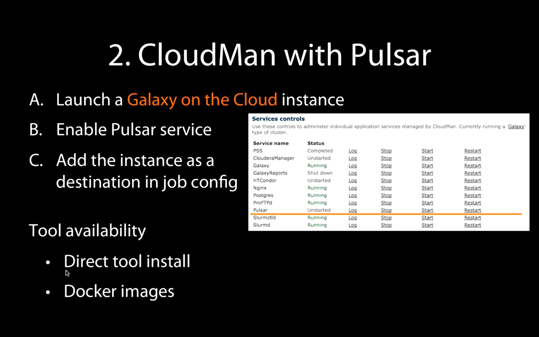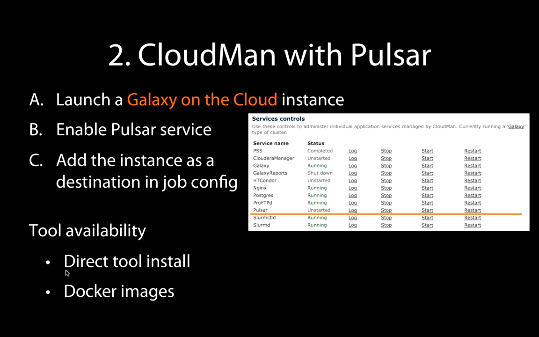The next step, as I said, is actually getting access to some compute capacity, and the easiest one by far is using Galaxy on the cloud. We launch an instance that gets us a fully configured Galaxy application with a number of tools and an amount of reference data already pre-installed. So that's a standalone Galaxy instance ready to run jobs. Then we enable the Pulsar service that's been integrated into CloudMan.